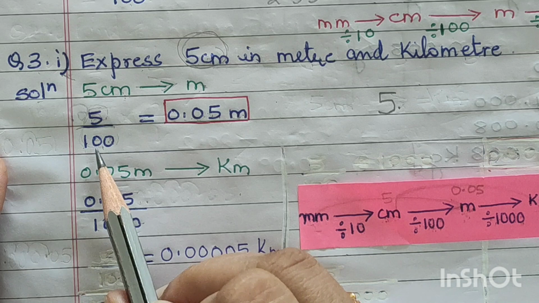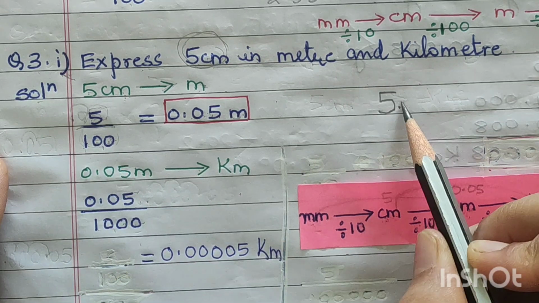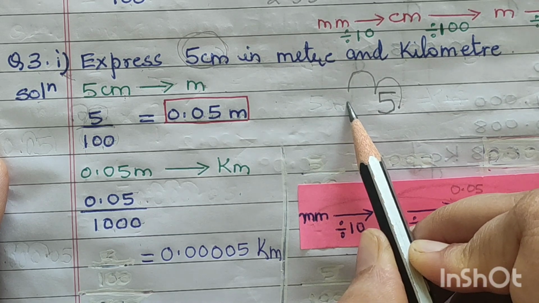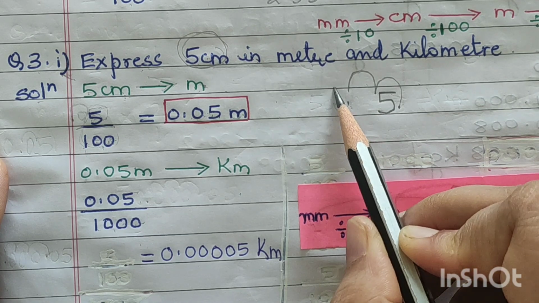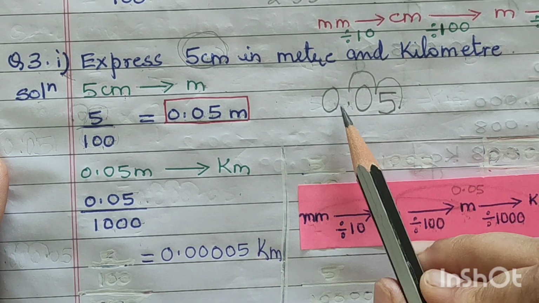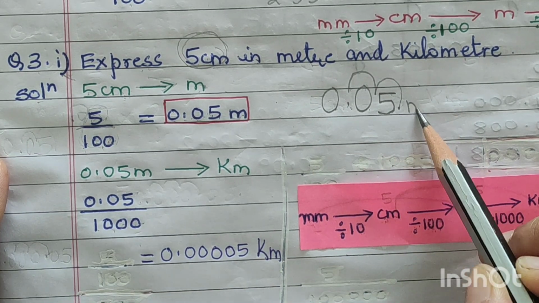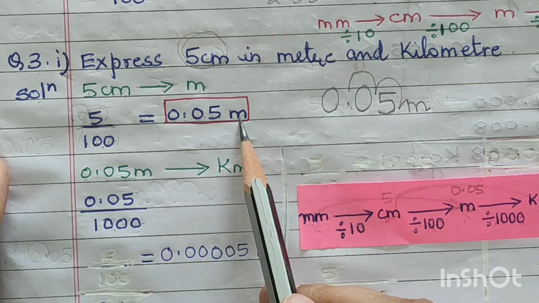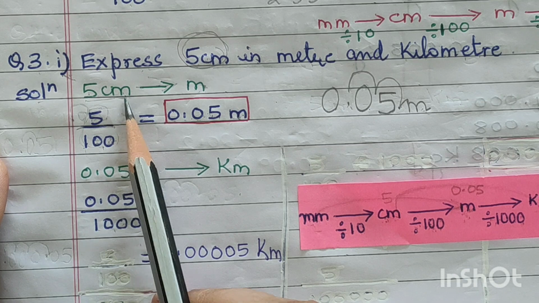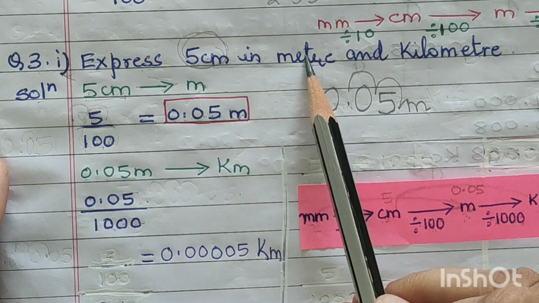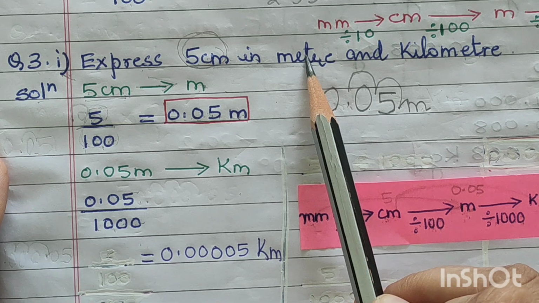How many zeros are there in the denominator? 2. So move 1 decimal place, 2 decimal places, put the decimal point here, say 0, and the empty places are filled by 0. So 0.05 meters is your answer here. You have now converted 5 centimeters to 0.05 meters. So we have done the first part of our question.